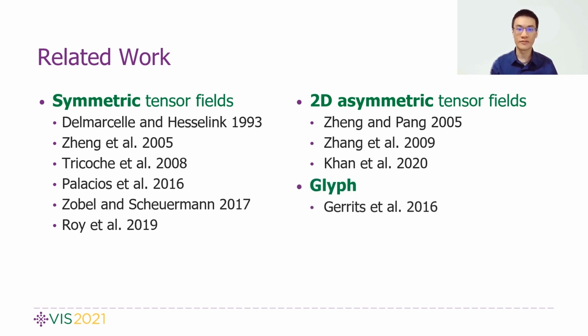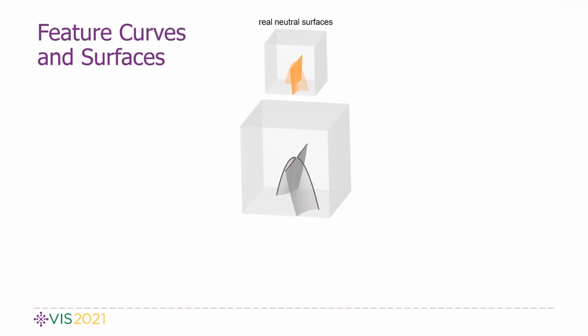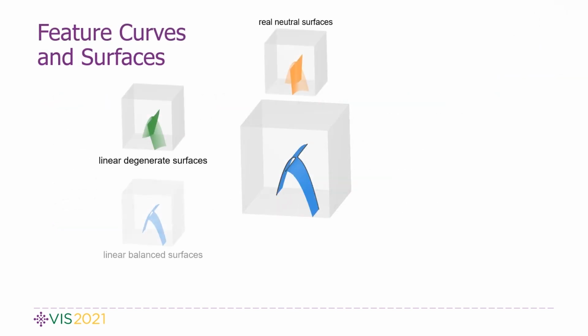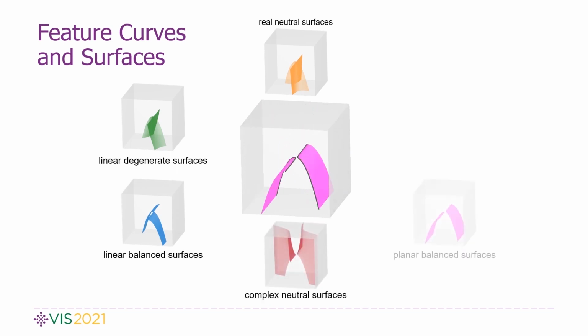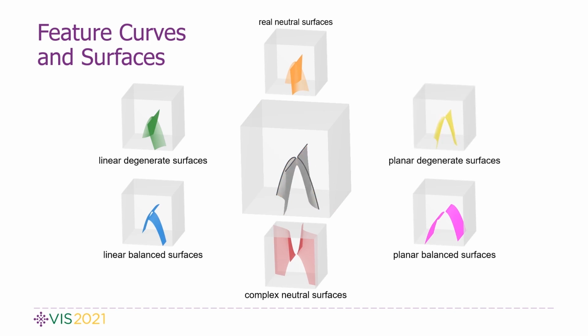Lastly, the tensor field can be analyzed locally with glyph representations. This method highlights a fundamental need to perform topological analysis and visualization directly on 3D asymmetric tensor fields. Therefore, we introduce the feature curves and surfaces for 3D asymmetric tensor fields, as shown here for the velocity gradient tensor field of the Lorenz attractor.